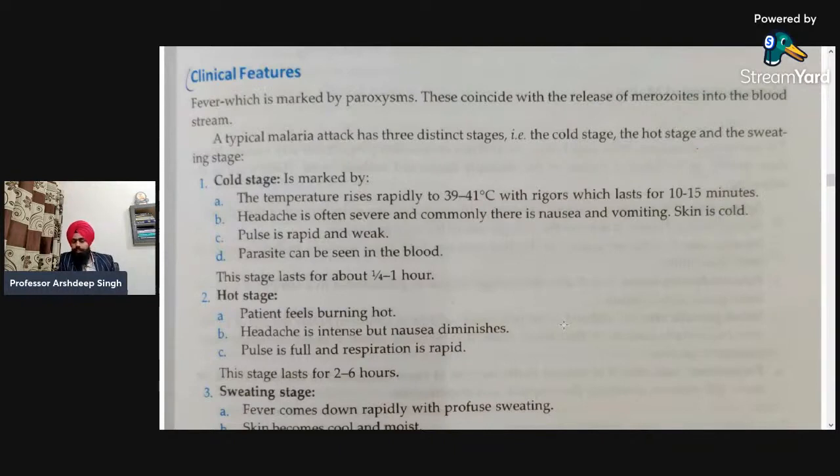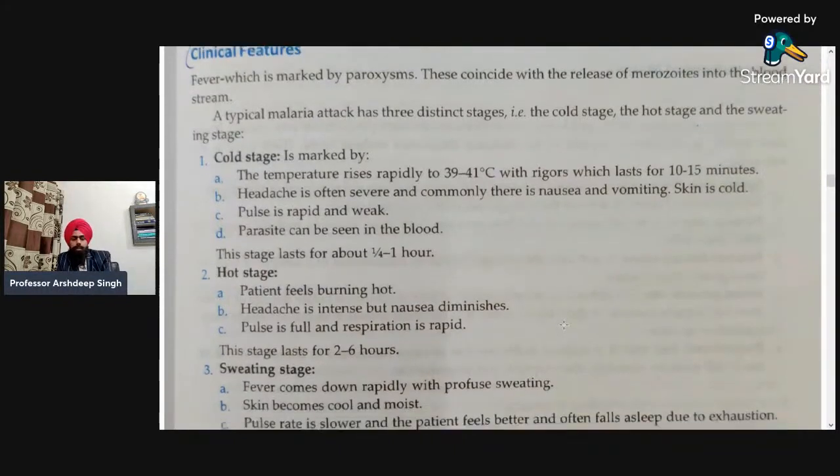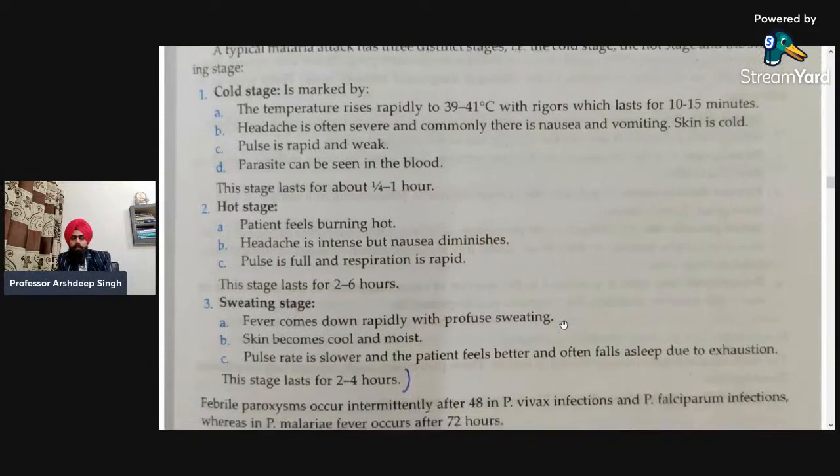It is categorized under different stages. First is the cold stage, marked by the temperature rising rapidly to 39 to 41 degrees centigrade with rigors which last for 10 to 15 minutes. Headache is present. So that is the basic sign. Headache with fever and chills.